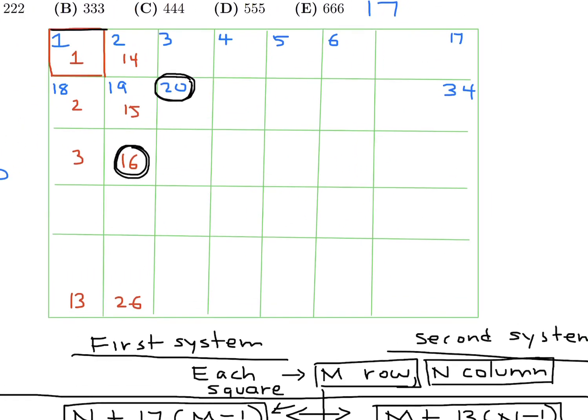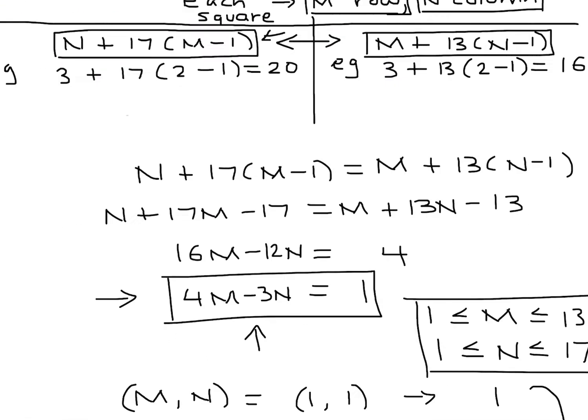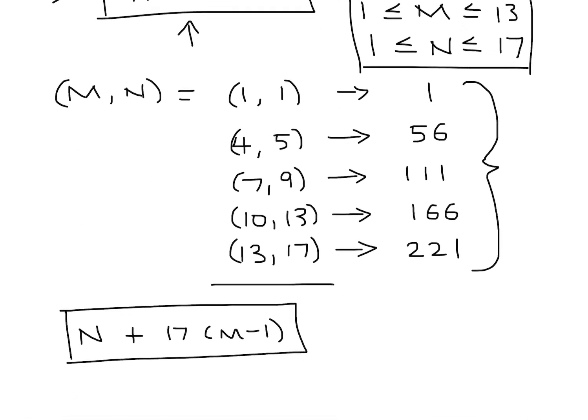Remember, I got the first one just by labeling, but there are also 4 others where, if you do this whole numbering system in blue and in red, the boxes will contain that same number in both systems. So that's what these numbers represent.